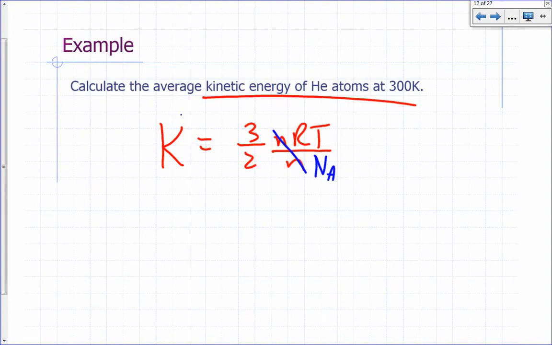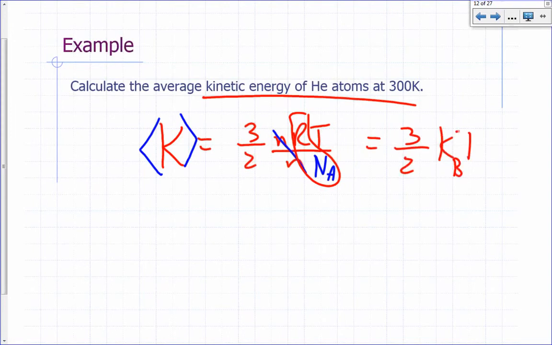That will give you the average kinetic energy. So I'm going to put this in this bracket symbol right here to say that's the average kinetic energy per atom. Now, R over Avogadro's number is also known as Boltzmann's constant. So if you remember, we said the formula for that is 3 halves kT, or k sub B T.